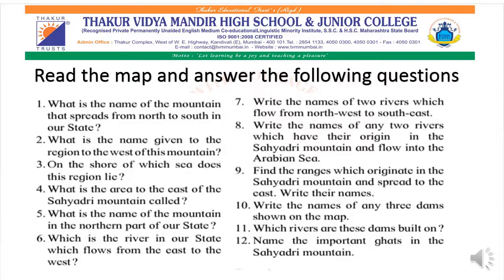Already I have told you that the Sahyadri mountain ranges are spread from north to south. Second, what is the name given to the region to the west of this mountain? It's called the Konkan region. This way, we are going to discuss all the answers. Let's see.